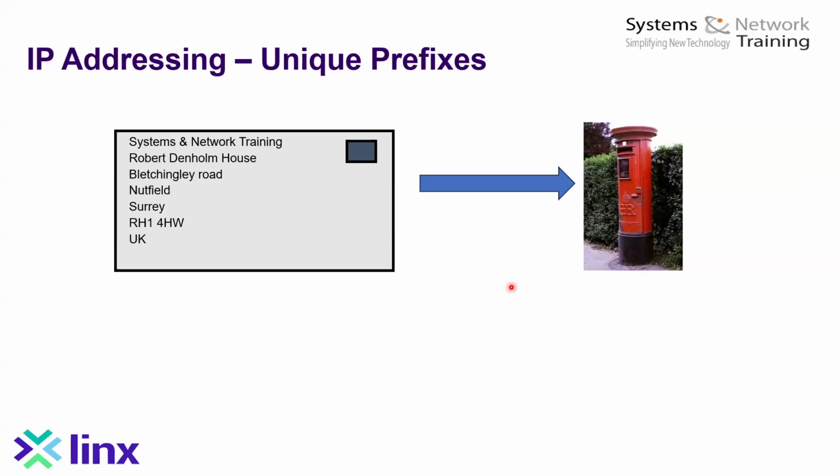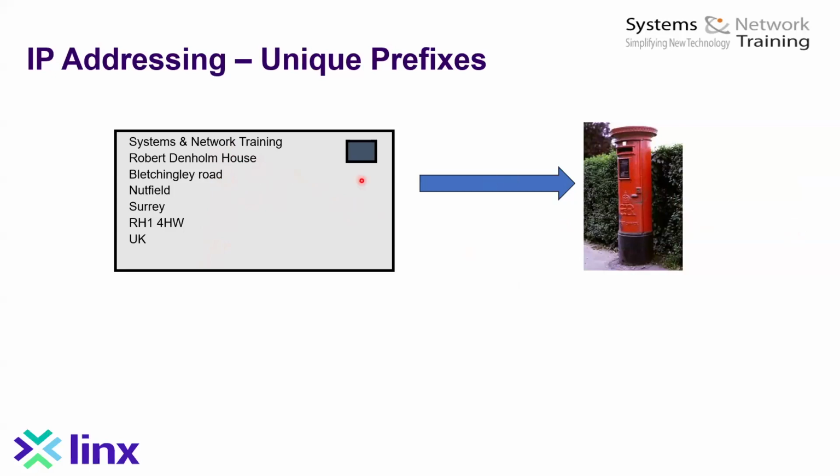So here I use the example of a postal address on an envelope that gets a letter to where it wants to go. And the apparatus that gets the letter to where it wants to go is the postal service itself.